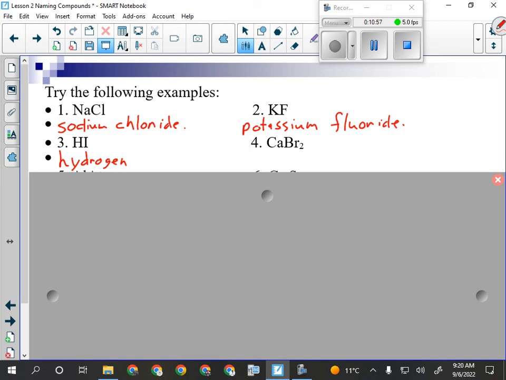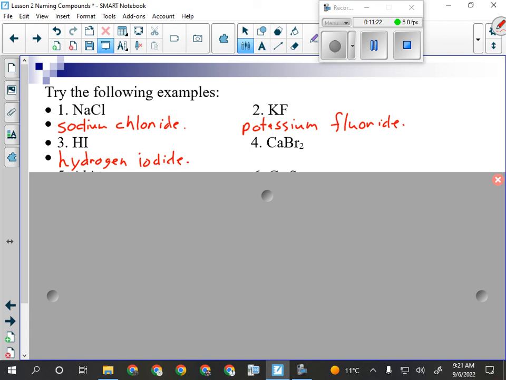So I'd write it as hydrogen, and then iodide. But if it was second, it could be behaving as a non-metal. So if you see hydrogen listed first, it's a metal, that's an ionic compound. If you see hydrogen in a compound and it's anything other than first, it's behaving as a non-metal, and that's likely a molecular compound. So just something to watch out for.